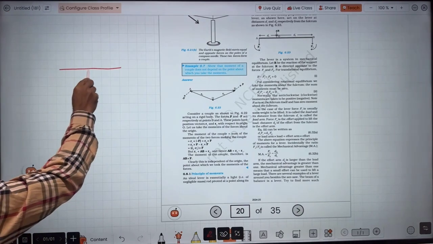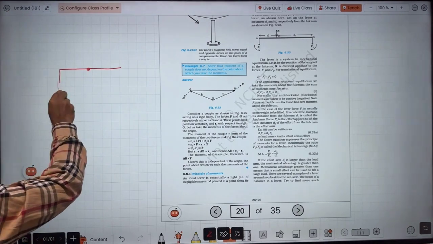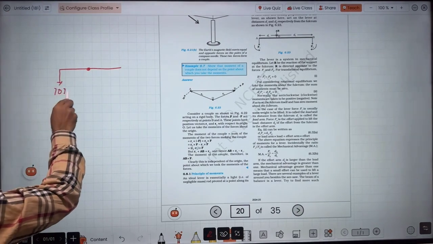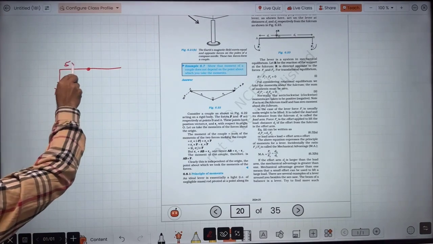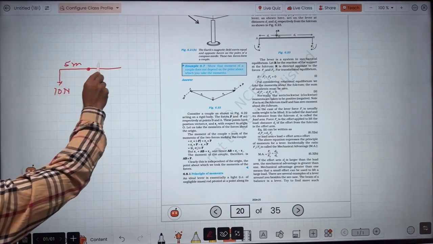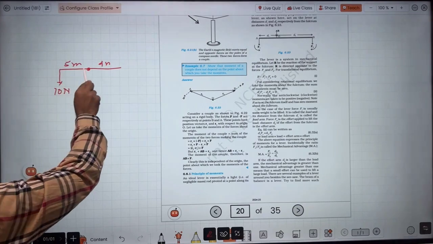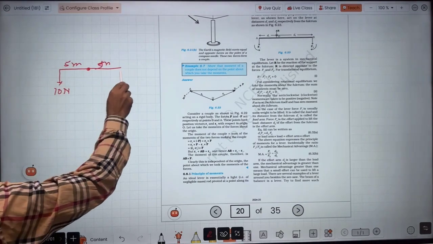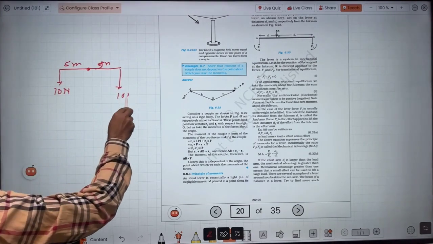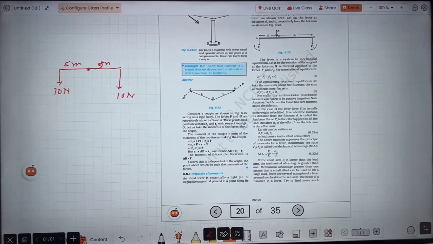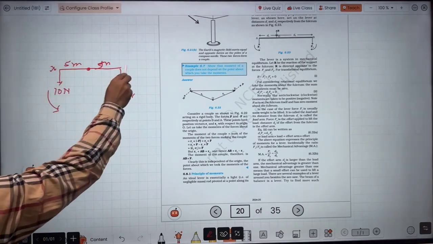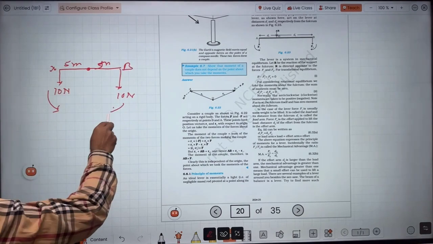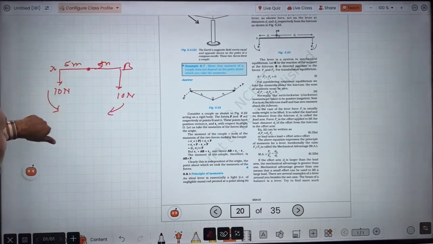Suppose here this is the midpoint, here there is a 10 Newton force, and suppose this is 5 meter and this is say 4 meter. If this is the midpoint, take this 5 meter and this 10 Newton. Now what will happen? This will try to rotate the rod AB in this direction, and this will try to rotate the rod AB in this direction, but the rod will not rotate. Here it is in equilibrium.